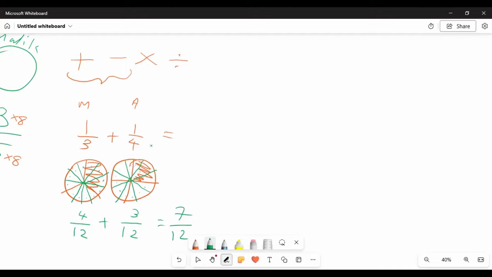Now Malik has 1/3 of a pizza, and he has to give 1/4 to Altaf. Malik has a pizza, and in that he has only 1/3 remaining. From that he is going to give 1/4 to Altaf. Now we have to see what remaining Malik is going to have for himself.